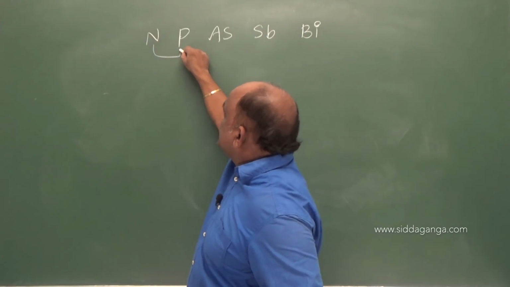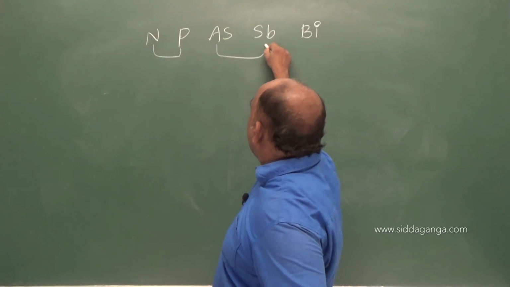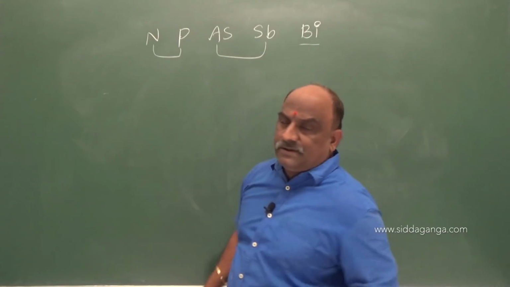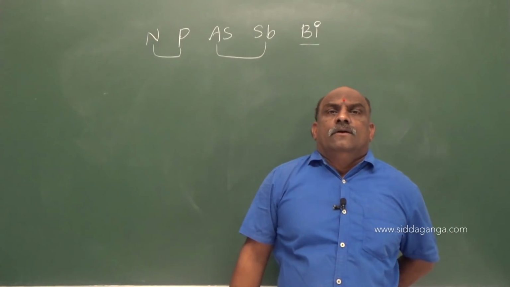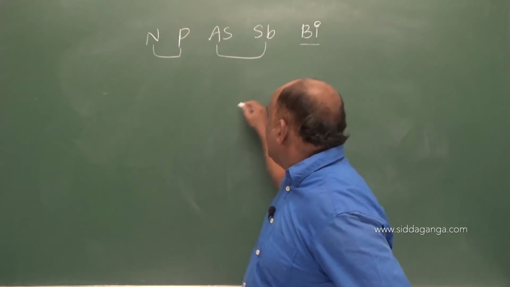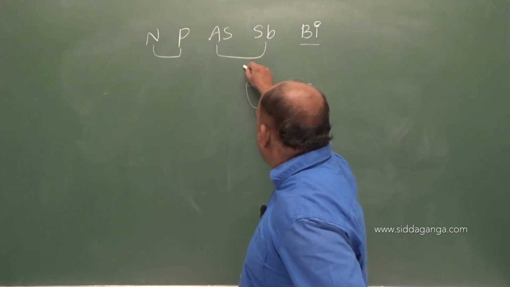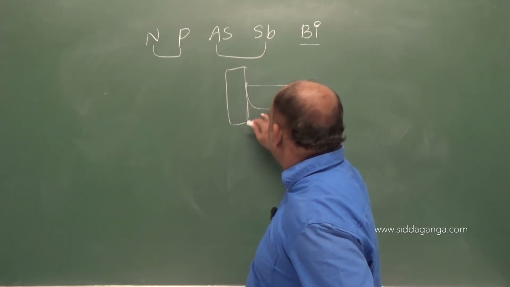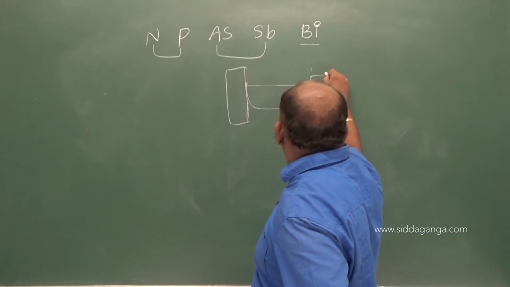Nitrogen, phosphorus, arsenic, antimony and bismuth. Down the group, in the modern periodic table, we already know that the modern periodic table is designed like this.